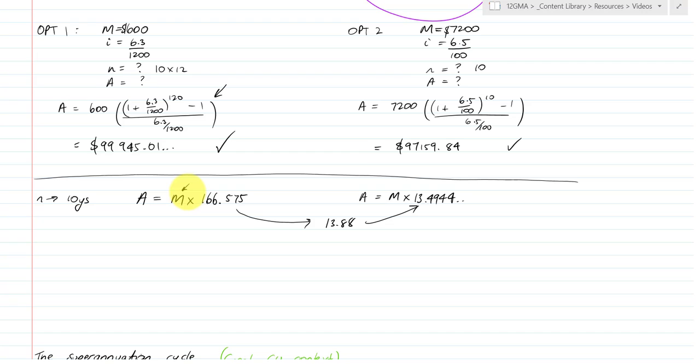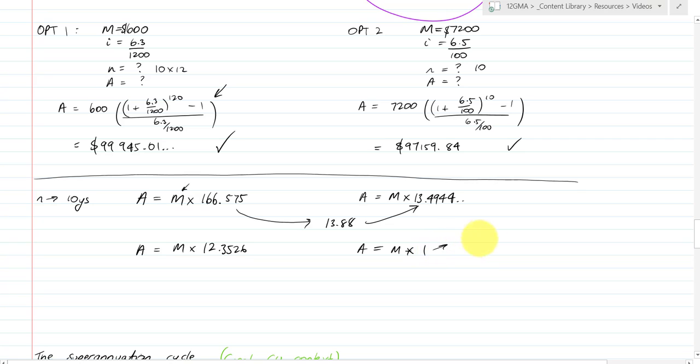Now, what I could do, and what I will do quickly, is look at this on a calculator, this time where I set my N as 1 year instead. And that's going to give me probably the best comparison. So my 1 year calculation gives me for monthly A equals M times 12.3526, but for yearly A equals M times 1.